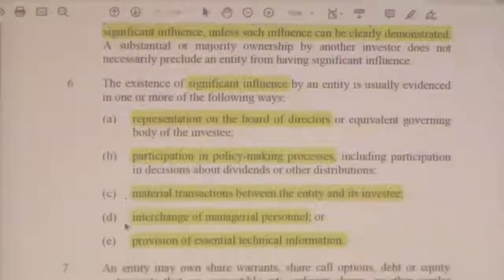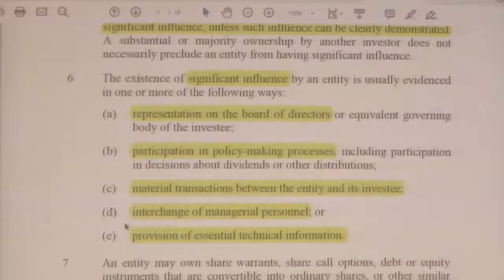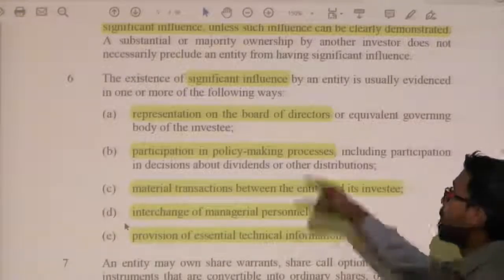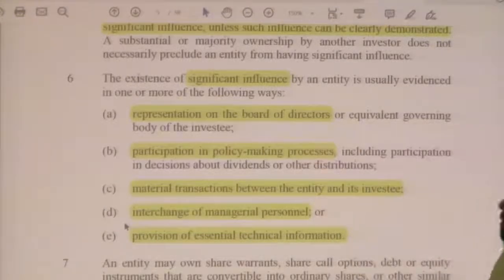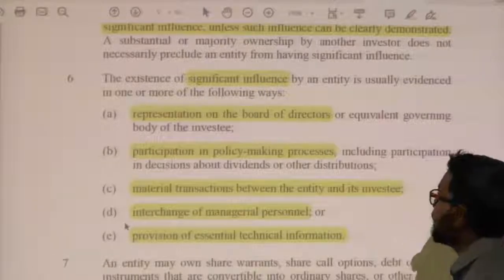If so, the existence of significant influence by an entity is usually evidenced in one or more of the following ways. Representation on the board of directors. If you are representing the board, you can have significant influence. Participation in policy making processes.